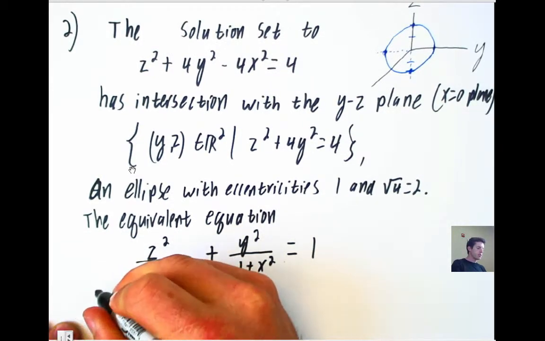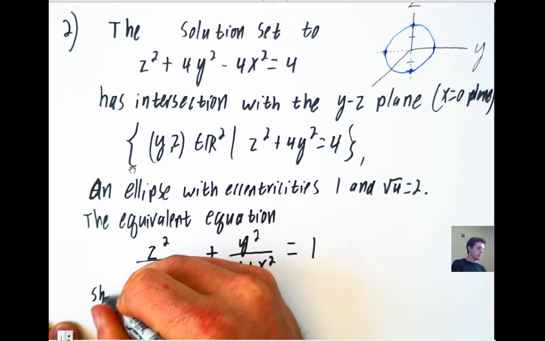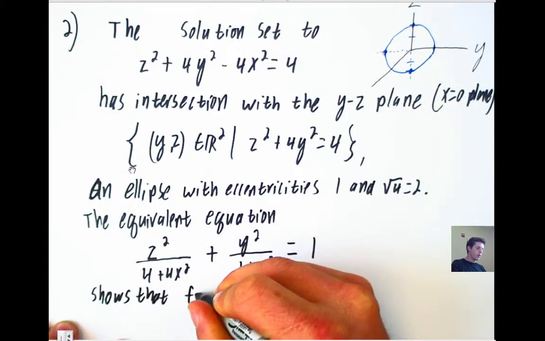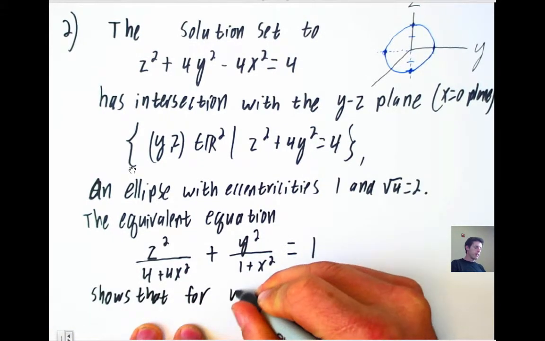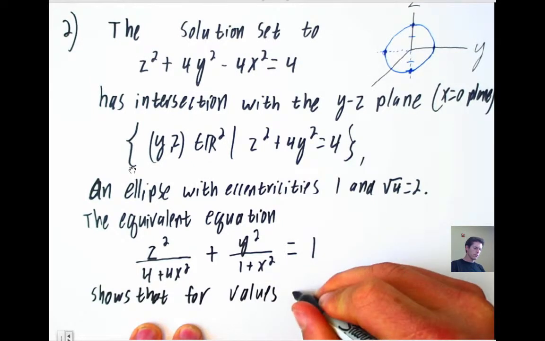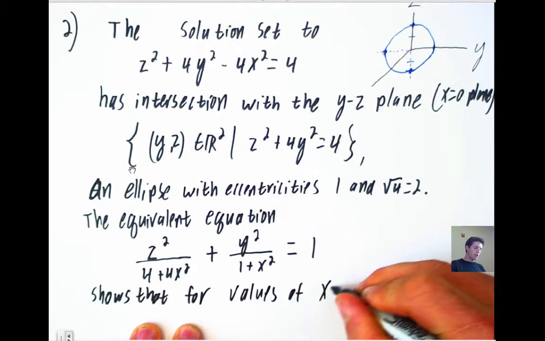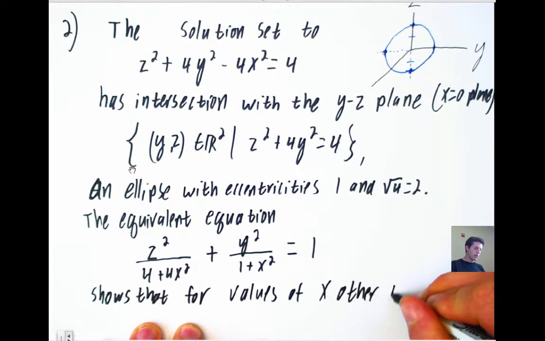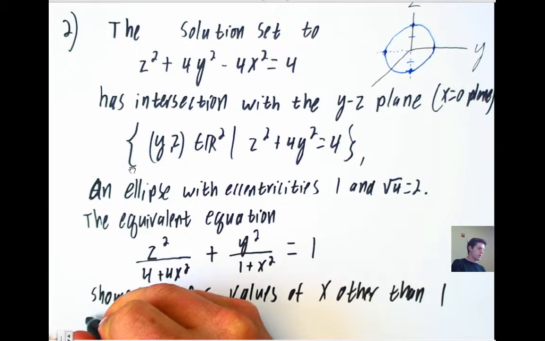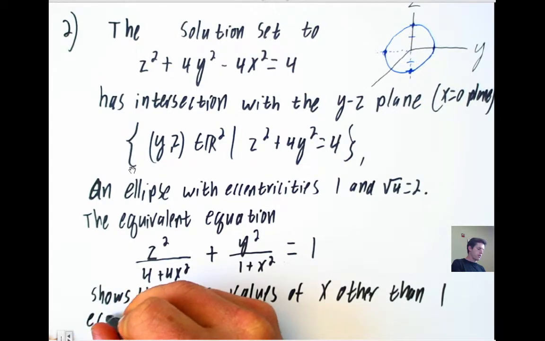And what I'm going to do then is say that this equivalent equation shows that for values of x other than 0, the eccentricity is bigger.